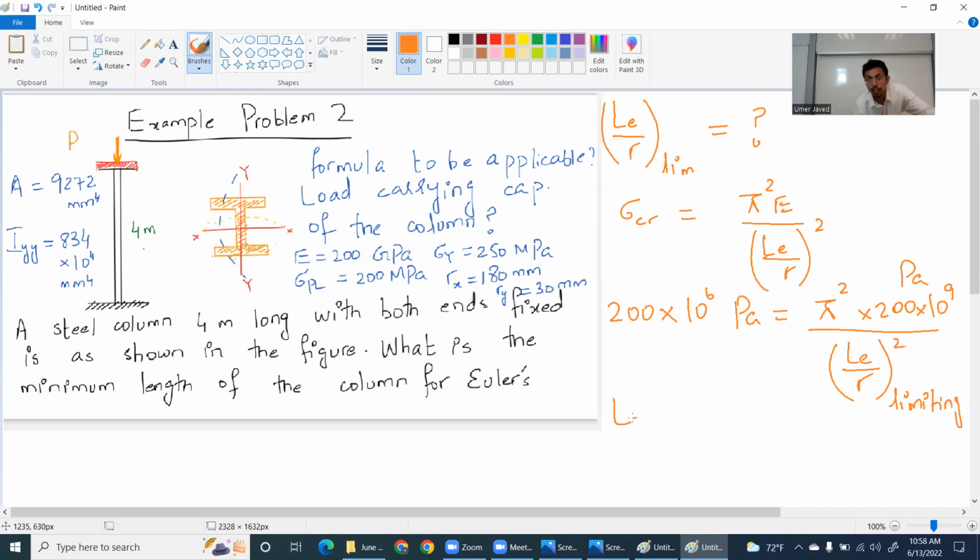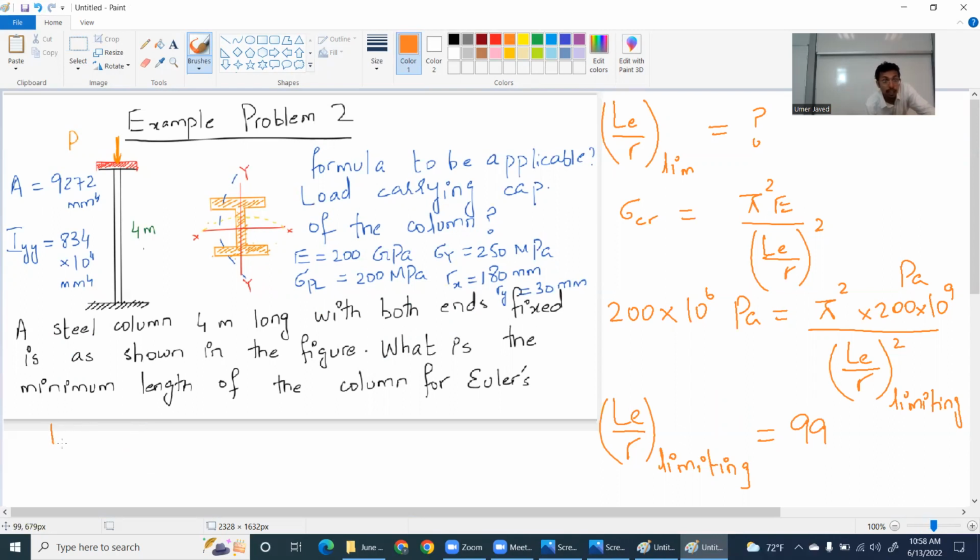Give me the value of LE over R limiting quickly. Well, I already know the limiting value is 99.